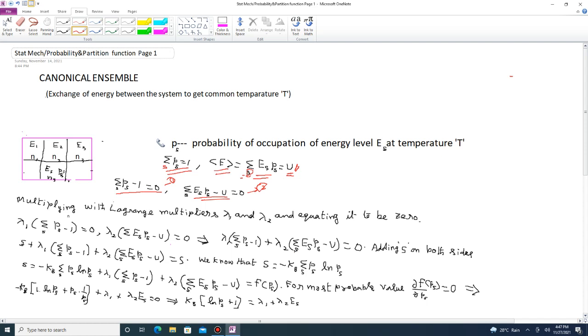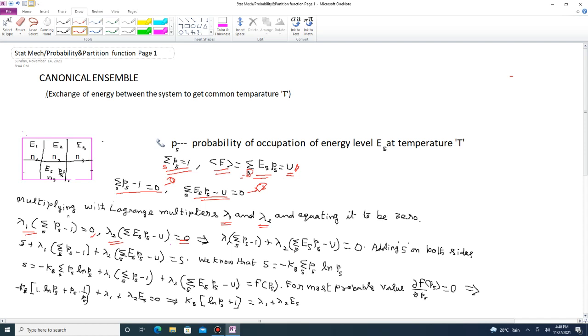Now you multiply equation 1 by a Lagrange multiplier lambda 1, and you multiply equation 2 by Lagrange multiplier lambda 2, and then add. Equation 1 becomes like this, and equation 2 multiplied by lambda 2 gives this equation.